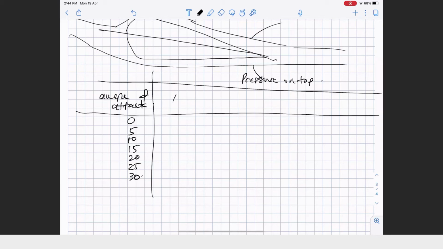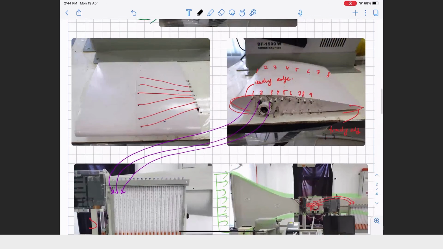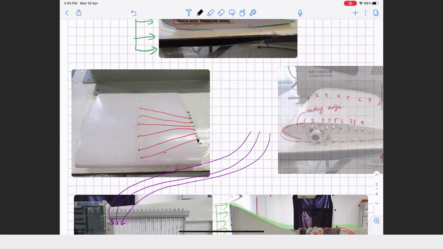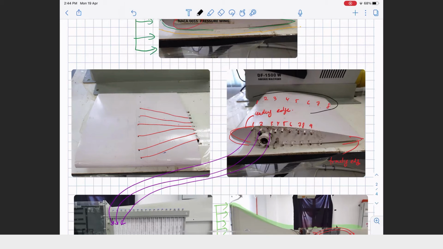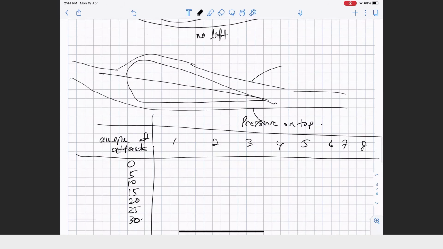This is point number 1, point number 2, 3, 4, 5, 6, 7, and 8. Remember our 8 holes just now? So these holes, 1, 2, 3, 4, 5, 6, 7, and 8, and that data will be here.